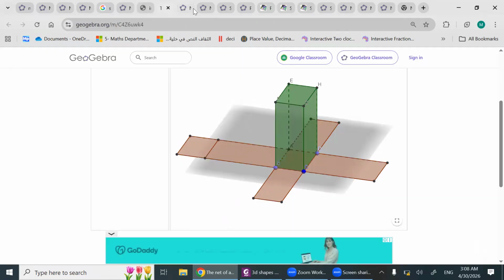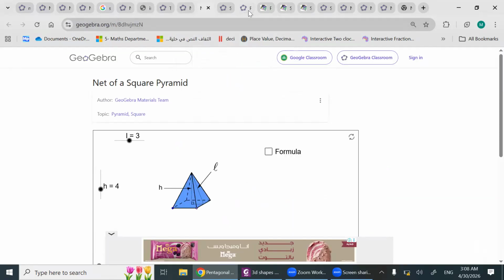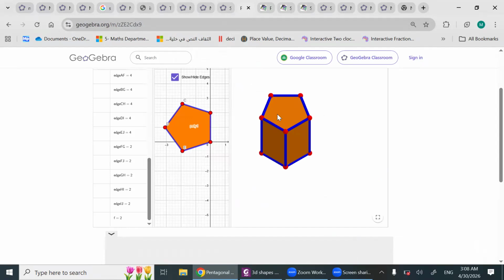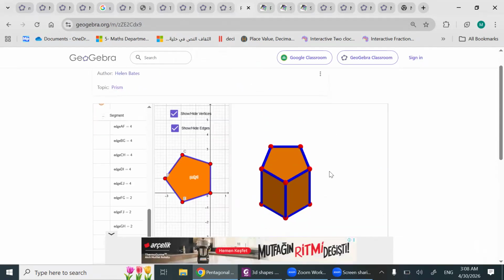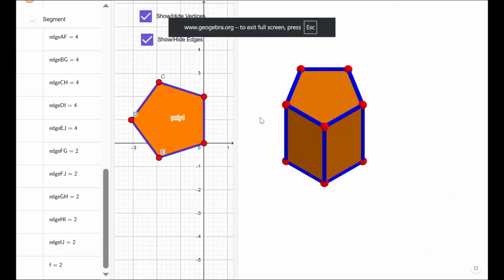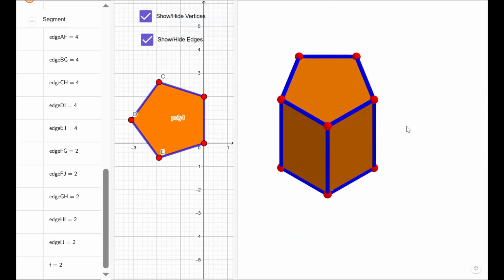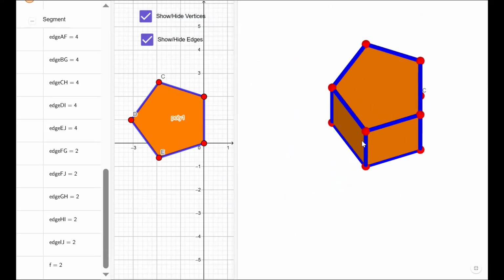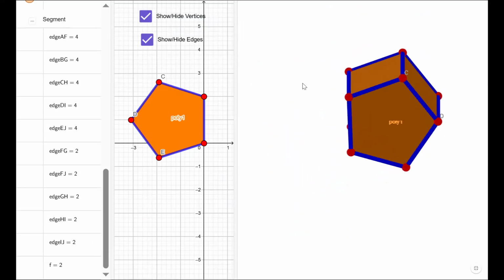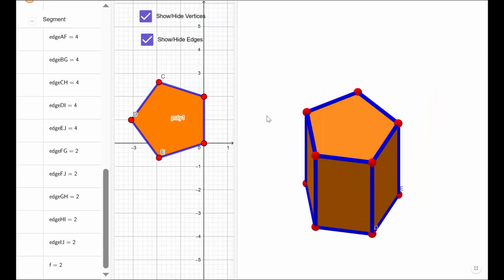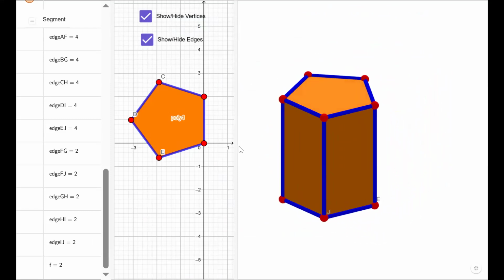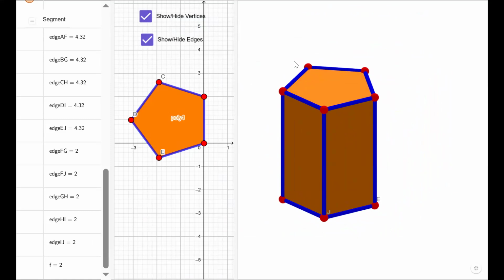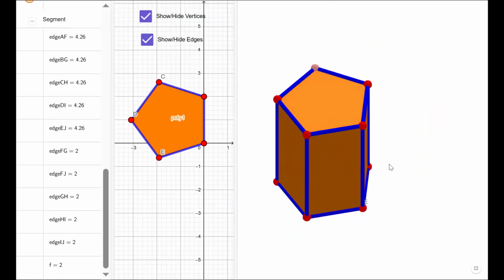We're going to talk about another shape, which is called pentagonal. You can see this shape, it's a pentagonal prism. We say that this shape is a prism because we have two parallel pentagons without any central point. How many faces in the pentagonal prism?